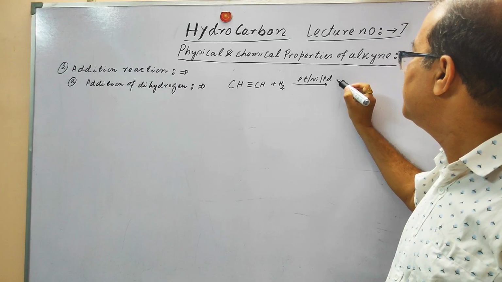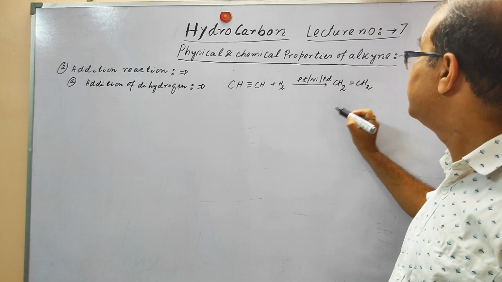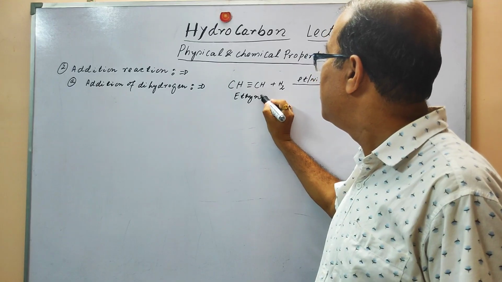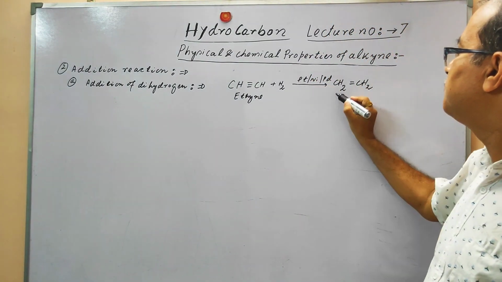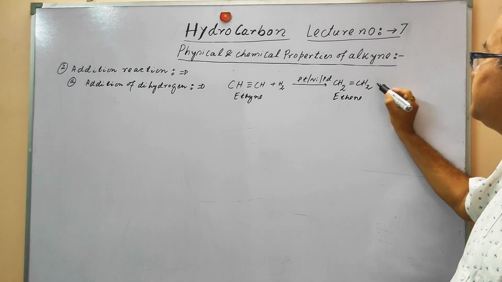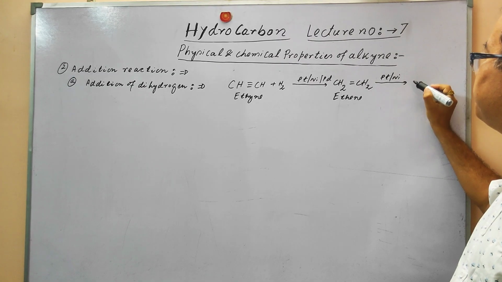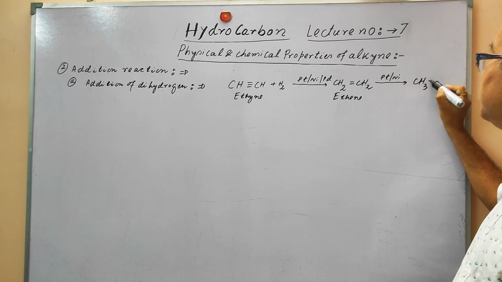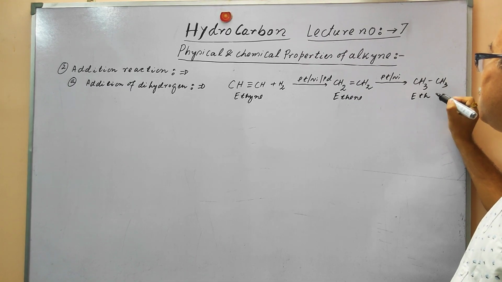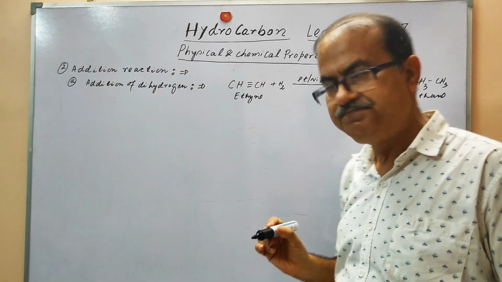First it will produce ethene from ethyne, as one molecule is added. Here one double bond is still present. Further, this reaction will happen again, producing ethane, a saturated hydrocarbon. So you can see two molecules of hydrogen have been added.